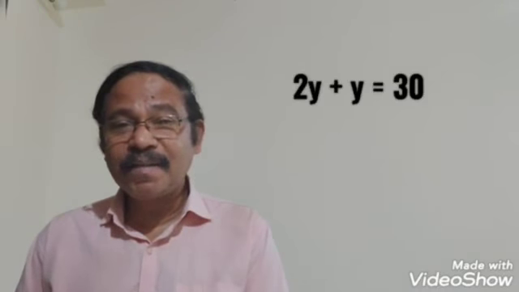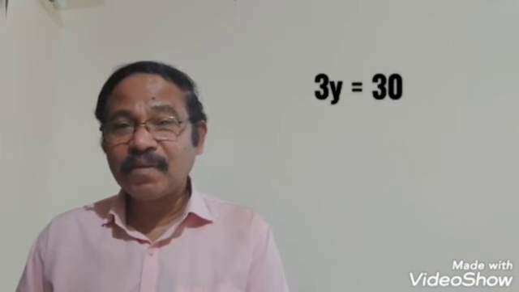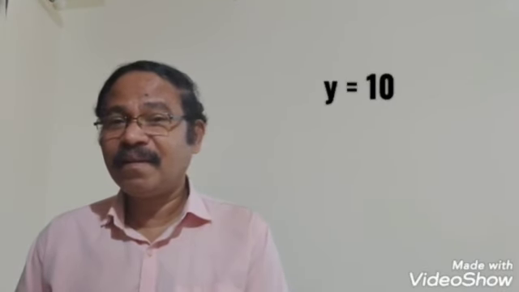Now, if we substitute the second equation in the first, 2y plus y is equal to 30, or 3y is equal to 30. Therefore, y is equal to 30 upon 3, that is 10. Okay. Now we know the number of Nestle Classics.